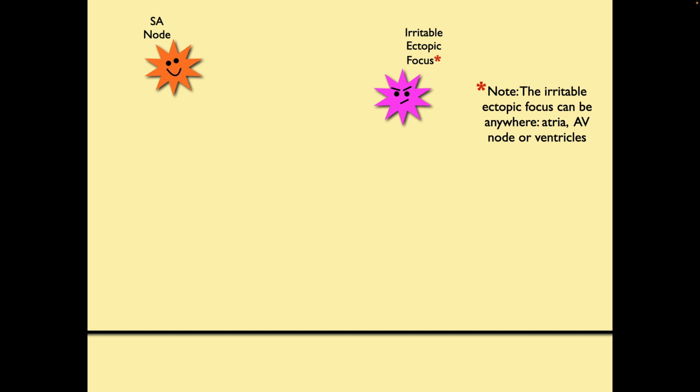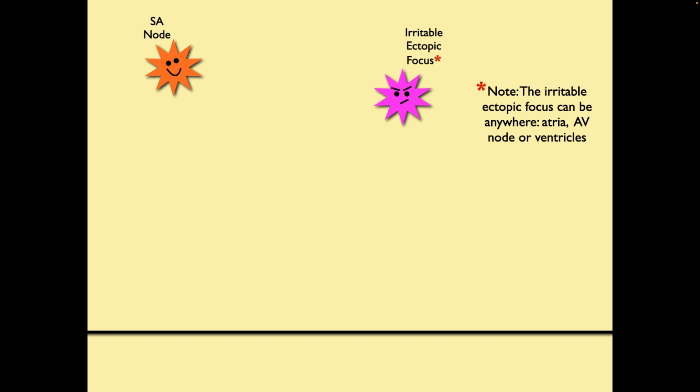We don't know precisely why in this example, but we could think, maybe there's some ischemia, or maybe this person is taking some kind of stimulant drug. Now, the irritable ectopic focus can be anywhere that's considered ectopic. So it can be in the atria, it can be in the AV node, or it can be in the ventricles. In this picture, it's just in a general spot.